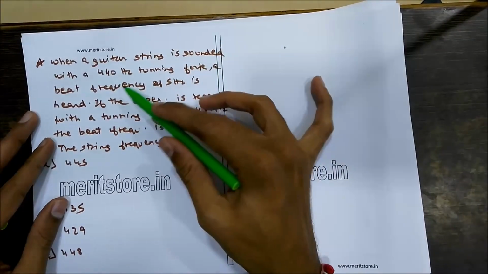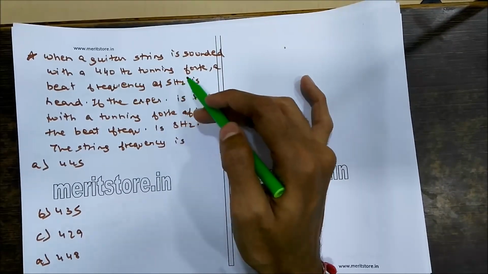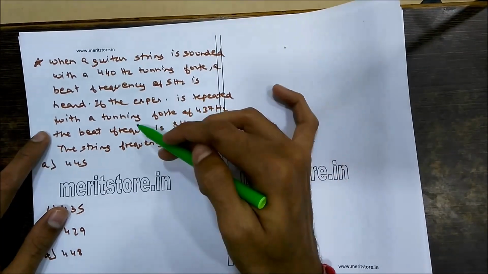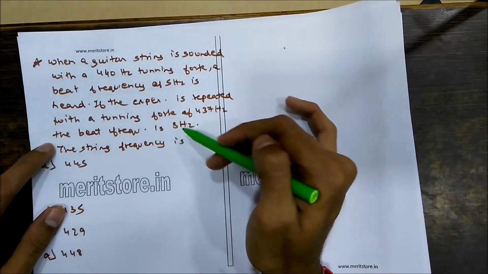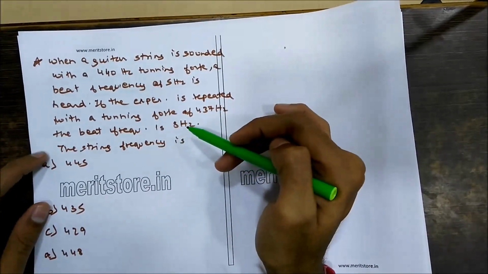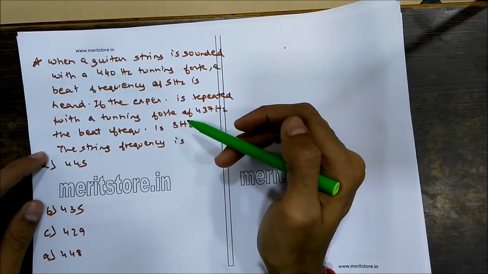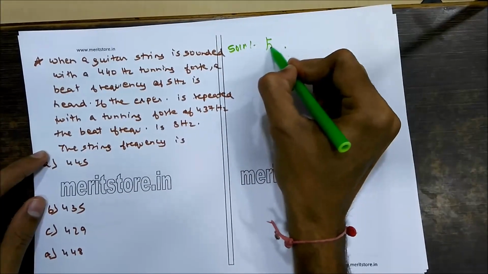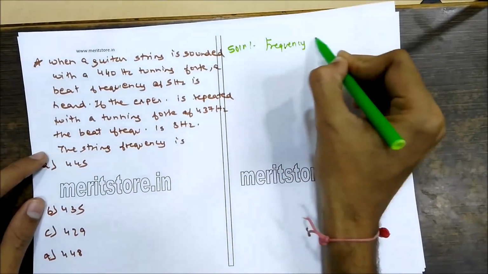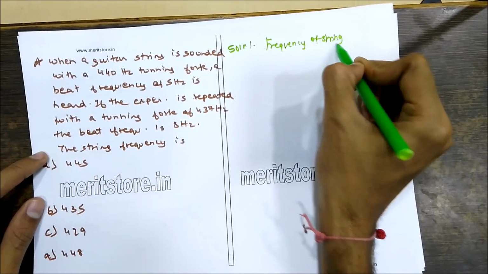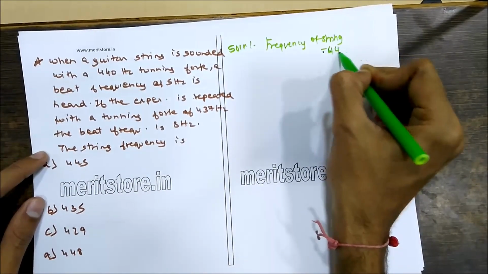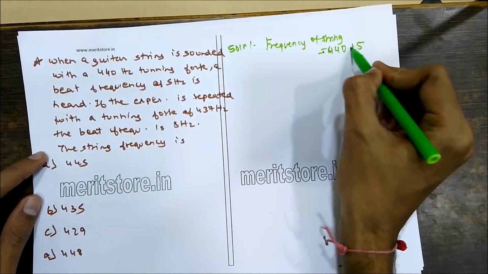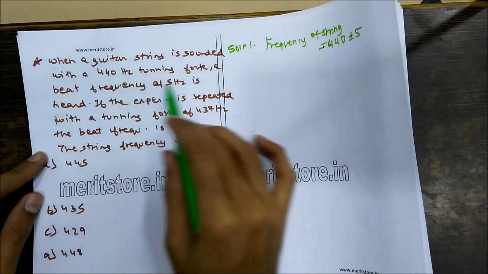When a guitar string is sounded with a 440 Hz tuning fork, a beat frequency of 5 Hz is heard. If the experiment is repeated with a tuning fork of 437 Hz, the beat frequency is 8 Hz. The string frequency is? Suppose the frequency of the string is 440, which can be increased or decreased by plus or minus 5, since a beat frequency of 5 Hz is heard.